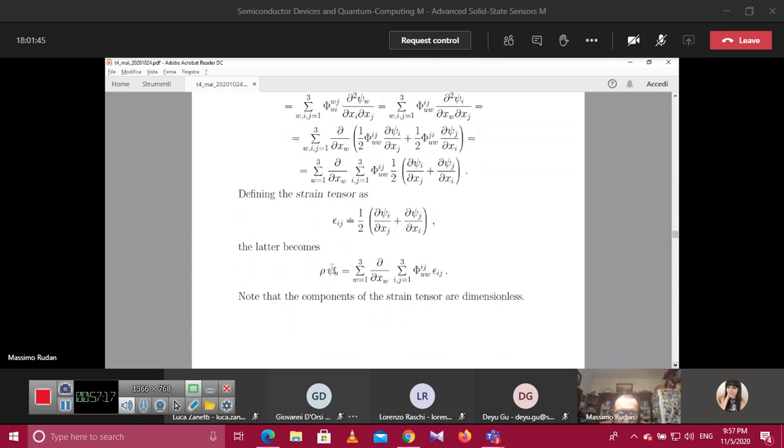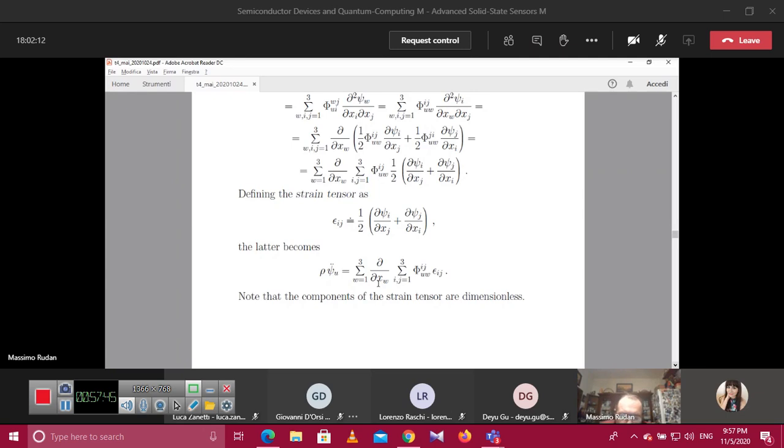Okay, so globally, the left-hand side is an acceleration times a mass that makes a force divided by a volume. So the left-hand side is a force per unit volume. So that means that phi over a length is also a force per unit volume.